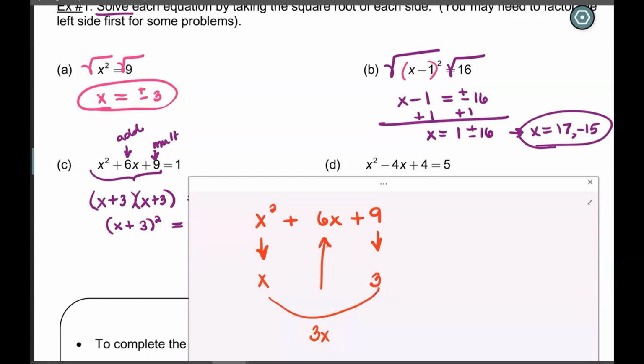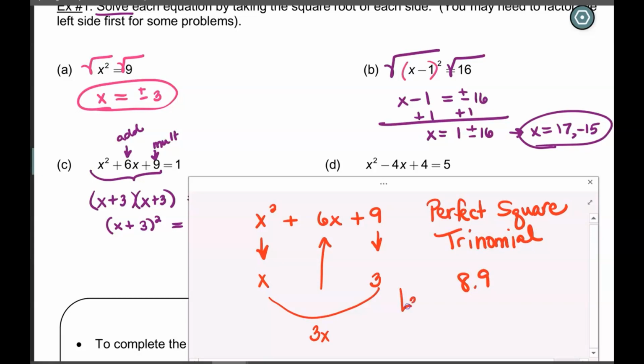Notice when we double that, we get the middle term. So this is what we call a perfect square trinomial. If you forgot, I do have a screencast up of 8.9, where we did perfect square trinomials. That was lesson 8.9 from the last chapter. So you can go back and look at those.